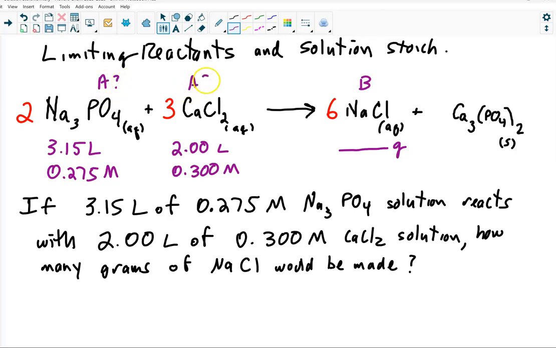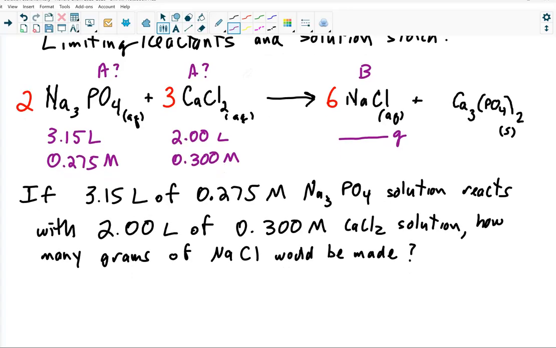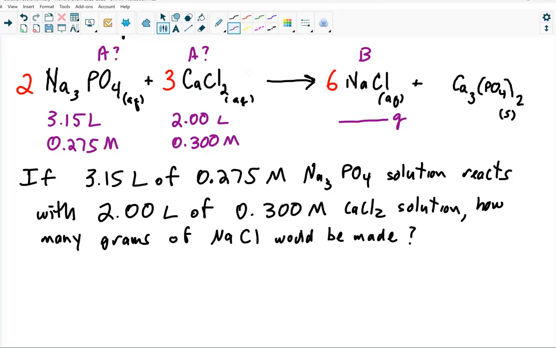Which one to use as your A is going to be whichever one is the limiting reactant. Correct? Remember when we found limiting reactant, we said, let's use those starting amounts and find the number of moles of B each would form. Whichever gives the lesser number of moles of B identifies the limiting reactant, and you would use those moles to carry on and find the grams. So let's do this.